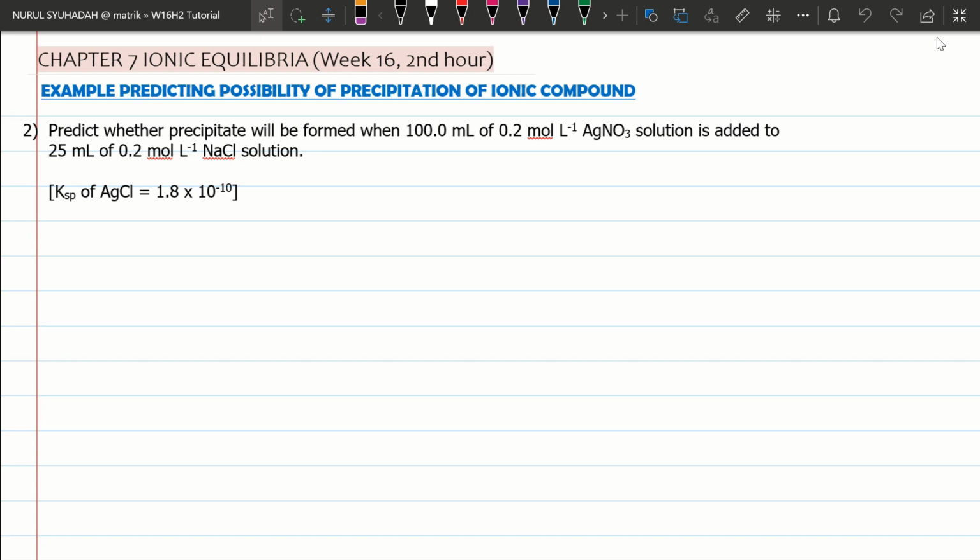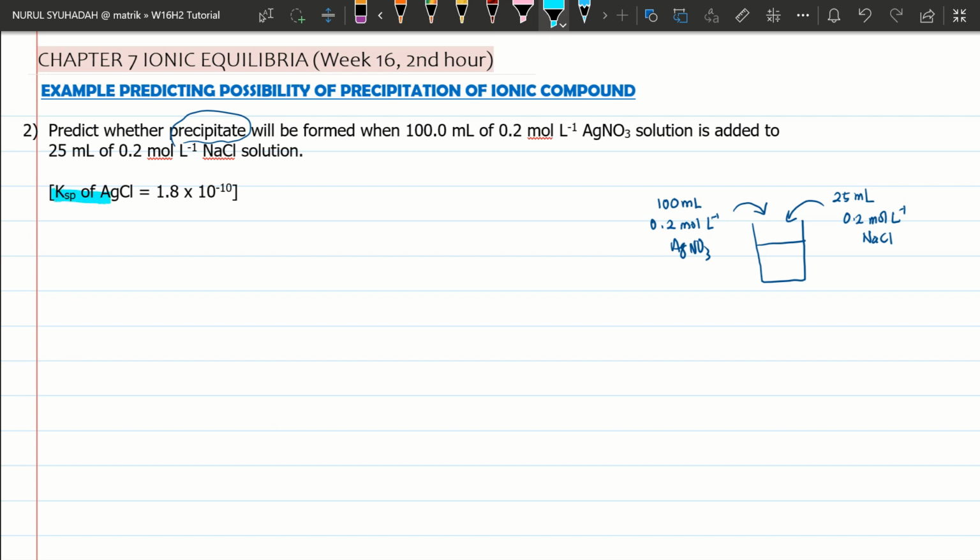Okay, so in the diagram, the story is like this. In one container, one beaker, we add the first one, 100 ml of 0.2 mole per liter AgNO3. Then we add 25 ml of 0.2 mole per liter as well of NaCl. Okay, the question asks, can a precipitate form or not? What is our precipitate? So, your clue here is this one, Ksp of AgCl.